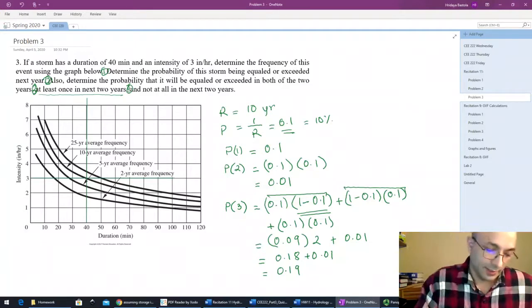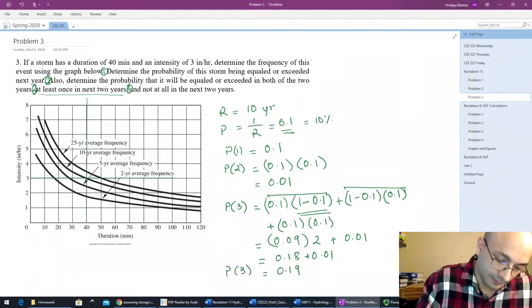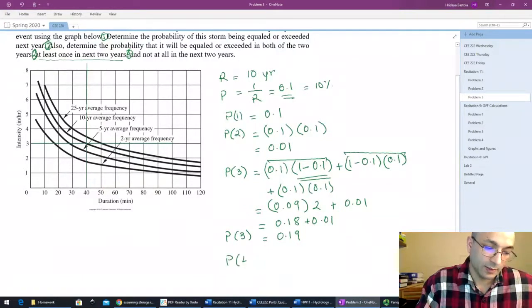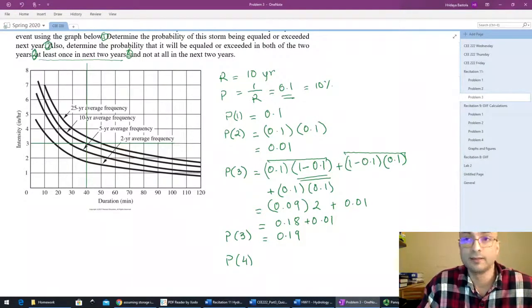For case 4, such a storm event doesn't occur in the first year and doesn't occur in the second year.